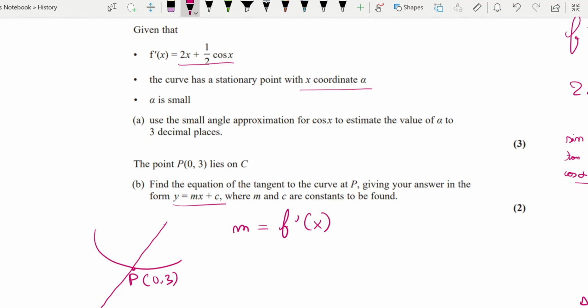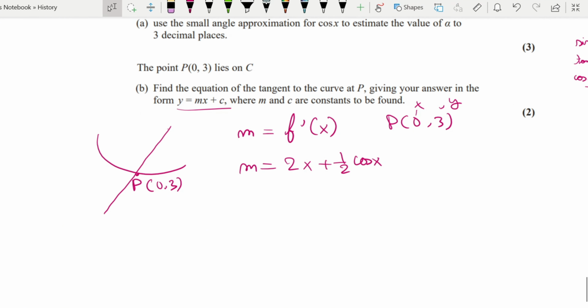M is going to be 2x plus 1 by 2 cos x, and we can use our coordinates here, which are B 0, 3. This is obviously x and this is y, so let's plug in the x value here. We're going to have 2 times 0 plus 1 by 2 times cosine 0, which is 1. So we're going to have 0 plus 1 by 2 times 1, which is just 1 by 2.